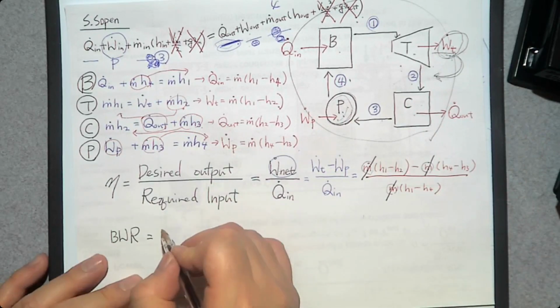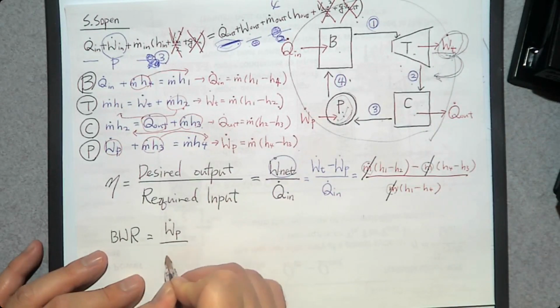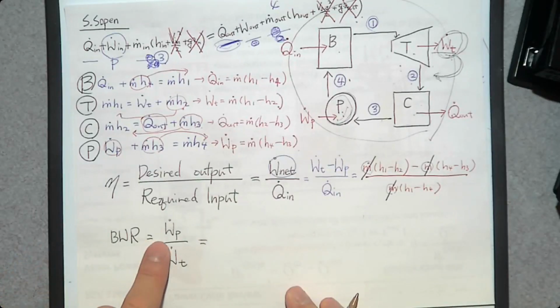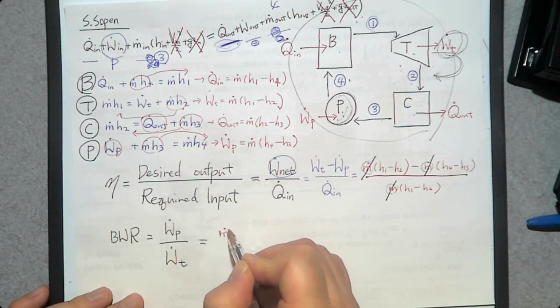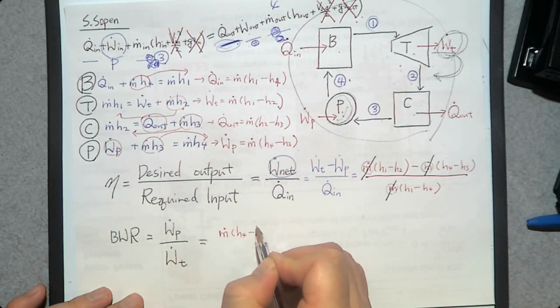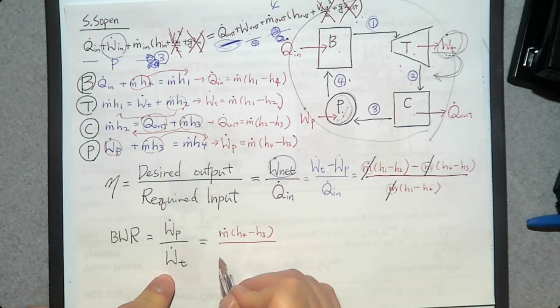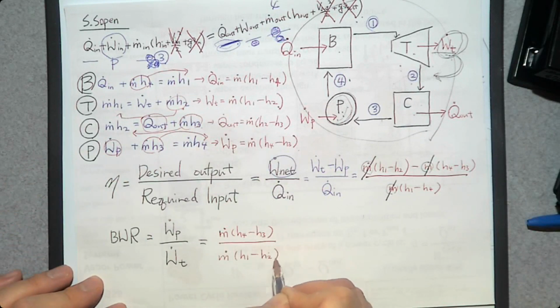How can we calculate that? W dot P, the pumping power, over the turbine power. Then how do you determine pumping power? It's right here: m dot (h4 minus h3) over the turbine power, which is right here, m dot (h1 minus h2).